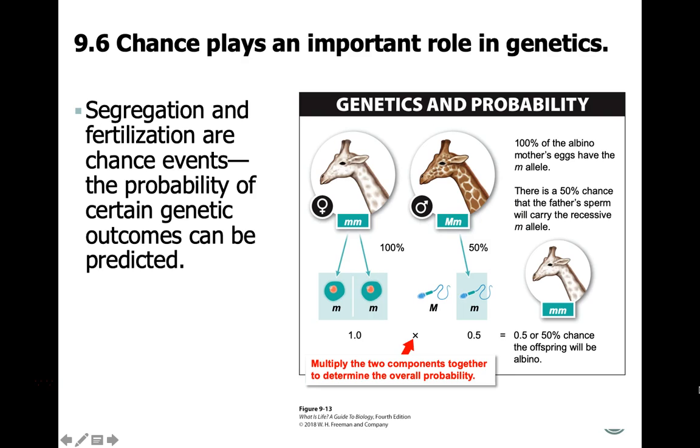So the chance that any given offspring, any individual that is a result of this fertilization event, is going to be the product of the probabilities. What that means is we're going to multiply the probability of mom passing on the allele times the probability of dad passing on the allele. So in this case, there is a 50% chance that the offspring will be albino.